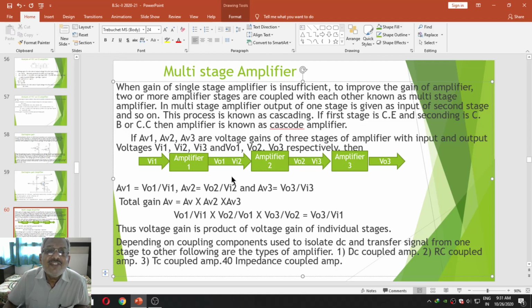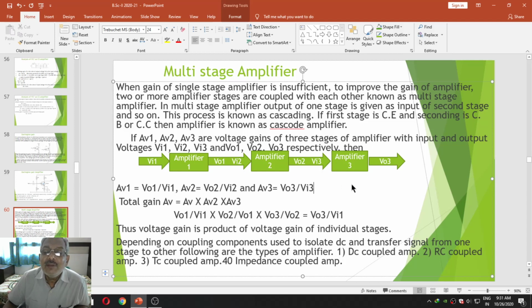But individual gains, if we are going to consider, if suppose AV1 is the gain of amplifier 1, then it is defined as VO1 upon Vi1. Similarly, if AV2 is the gain of amplifier 2, then AV2 is equal to VO2 upon Vi2. But Vi2 is equal to VO1, try to remember.